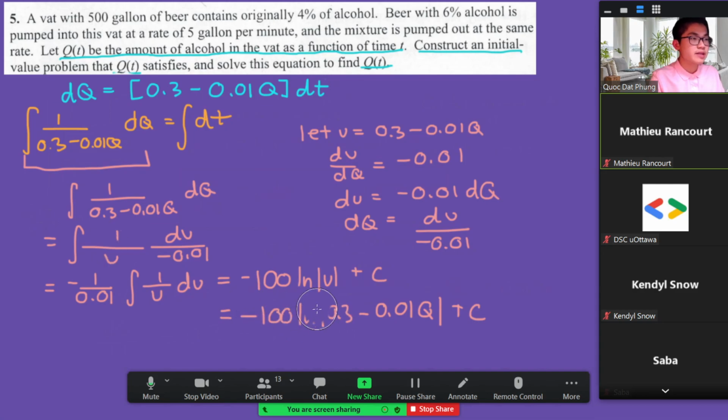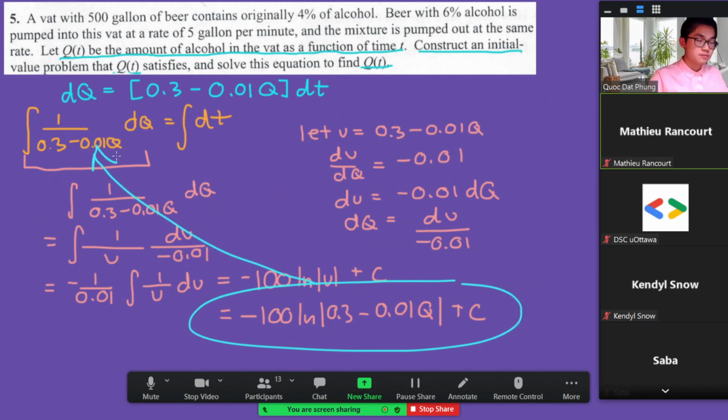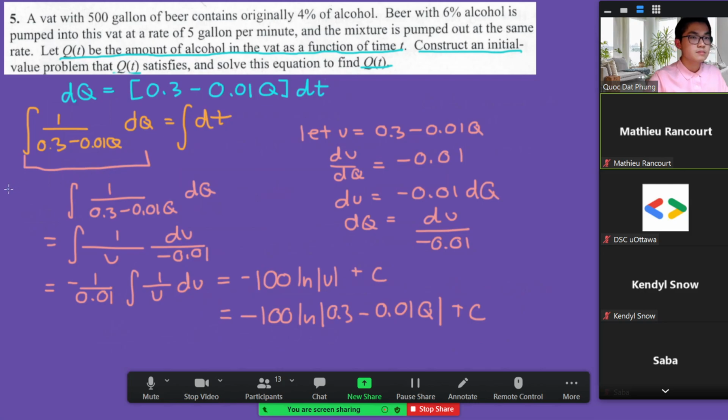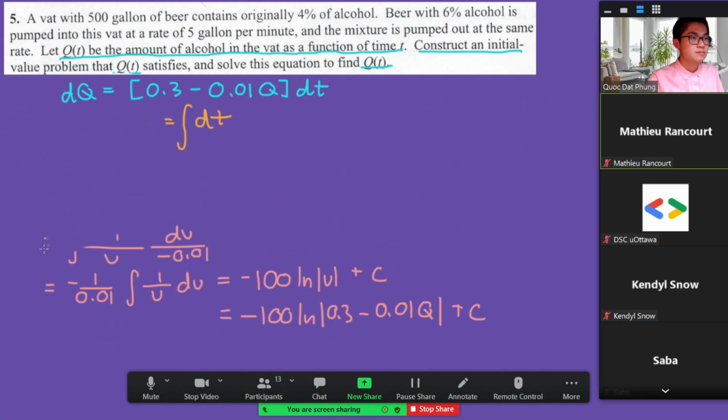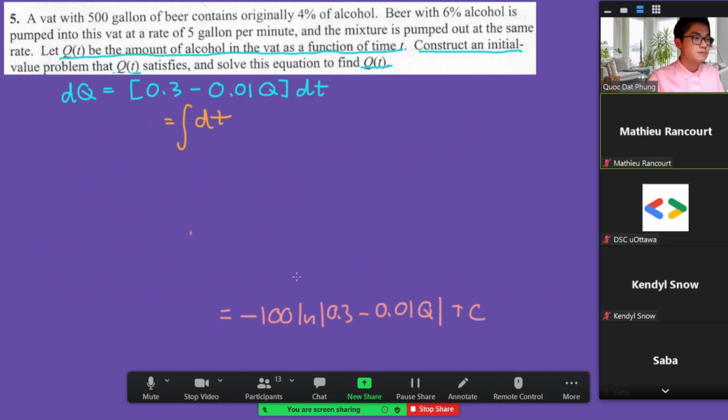Now we successfully integrated this. We should plug it back into here. And the c doesn't matter where it goes.